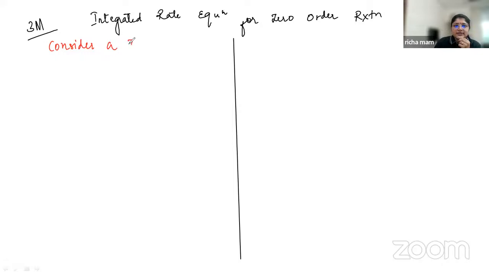We know that reactants give products. What is the rate of a zero order reaction? It is given as minus d concentration of R by dt, which is equal to k, the rate constant, into concentration of R raised to zero.